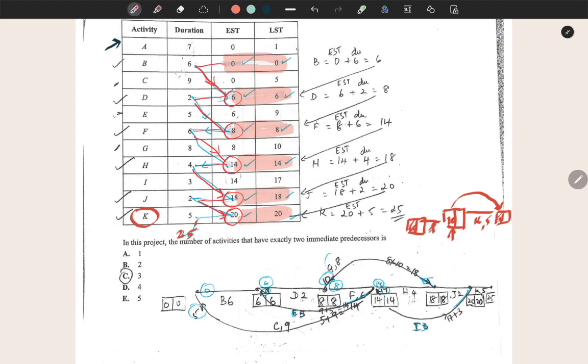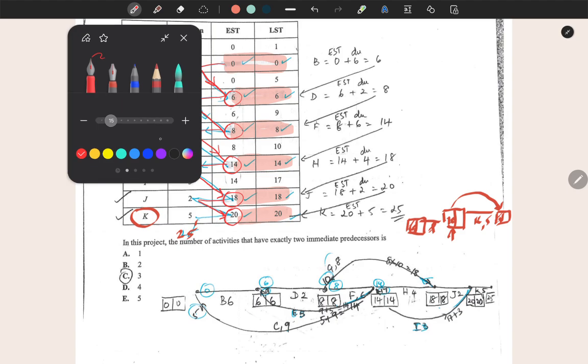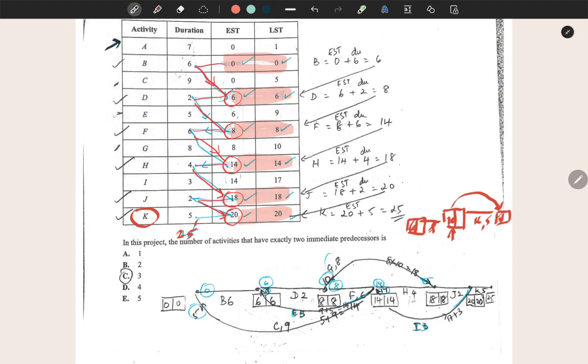And what I did was I drew a linear line, as you can see over here, with the activities B, D, F, H, J, and K, which were the activities on the critical path.